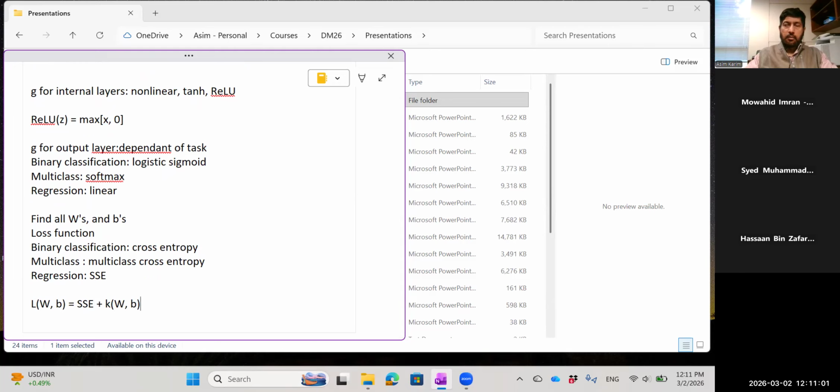ठीक है? So you might have studied this elsewhere as well. तो ये जो K function है, this is called the regularizer. ठीक है? And regularizer का मकसद ये है कि we don't want to overfit our model to the data by ensuring that the parameters, all the parameters W's and B's do not become very large.